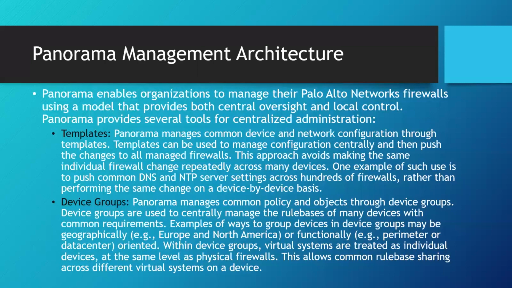For example, you have a firewall in a geographic region like Europe and North America, or functionally you can also group the devices like the perimeter or data center. So you can group multiple devices based on the type of devices you have. You can have office firewalls, data center firewalls, IDS, IPS, groups of firewalls oriented, right?